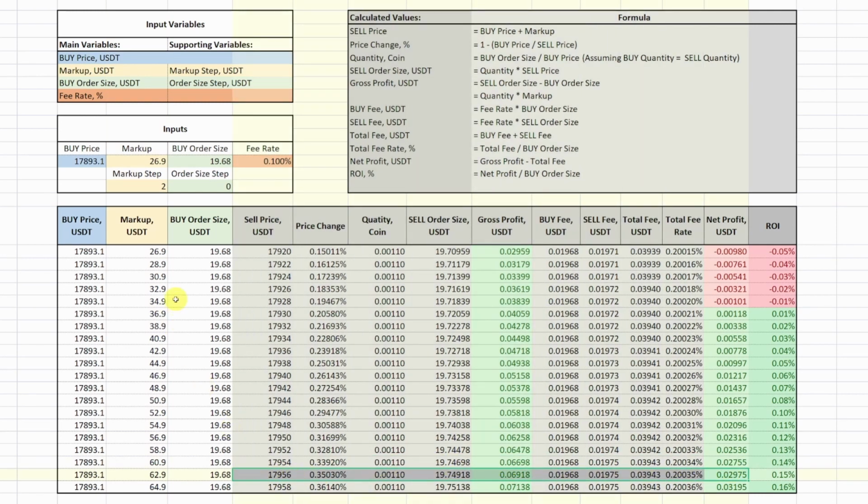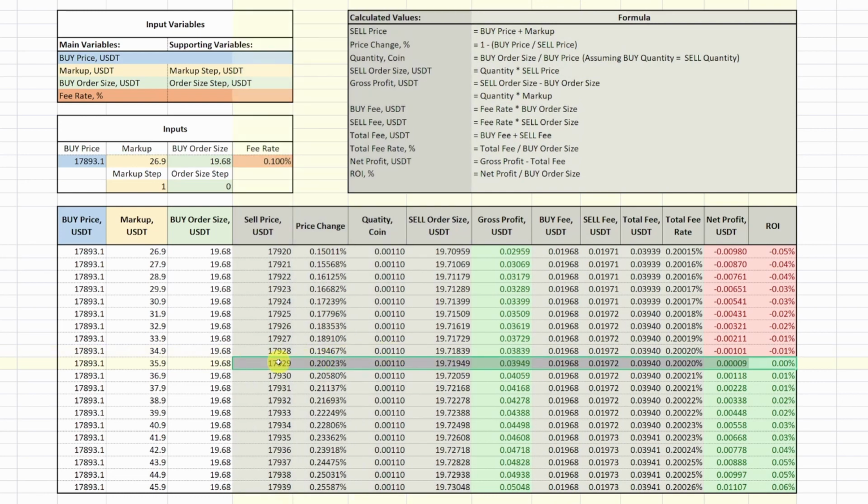So let's find that critical point where losses turn into profits. It is right here at 17,929, and in the very simplest terms, this is exactly where the total fees paid become smaller than the gross profit, and both of these are USDT values.